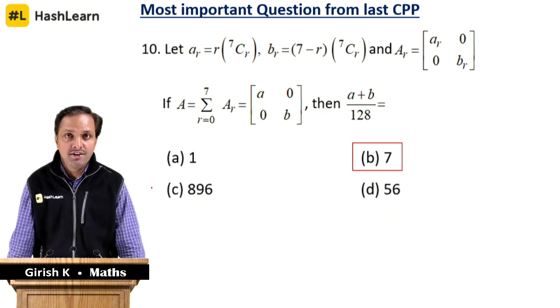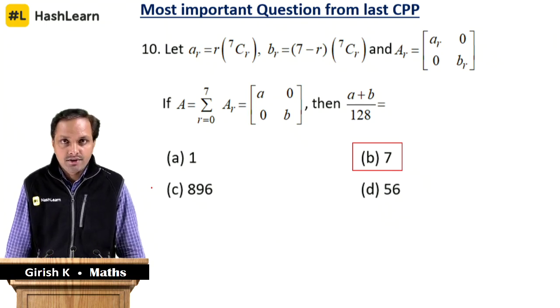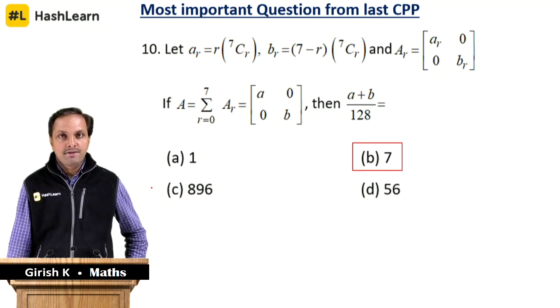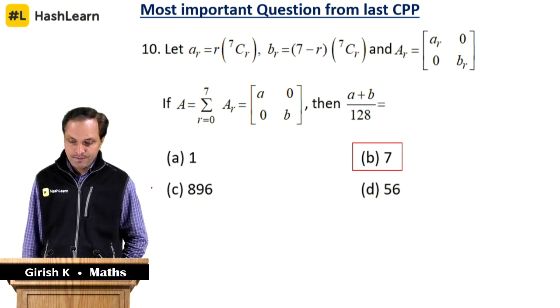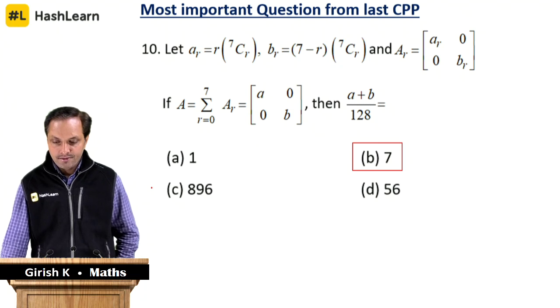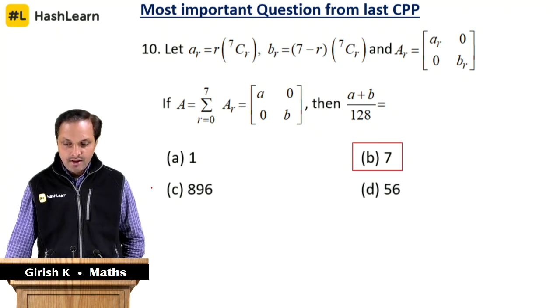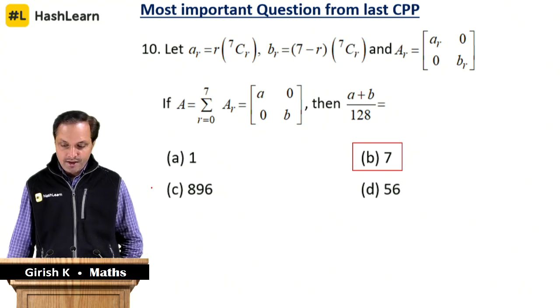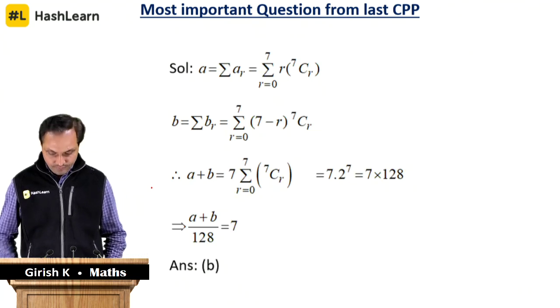CPP is a set of questions which are given at the end of the session. Those questions are very important and passport holders will have access to this, and non-passport holders need to subscribe to get access to CPPs. So here is one problem which is very important and an important concept.